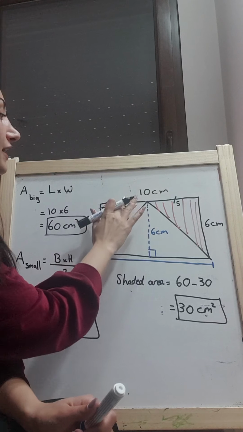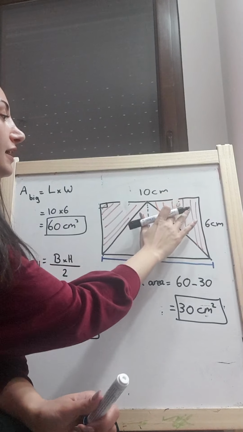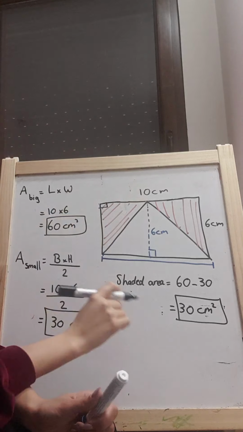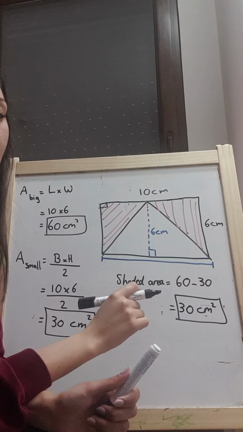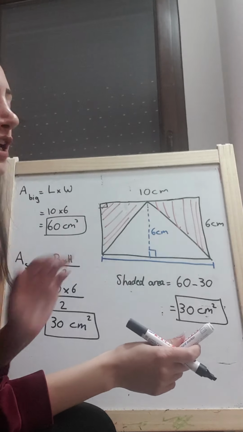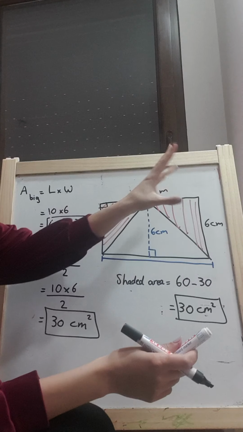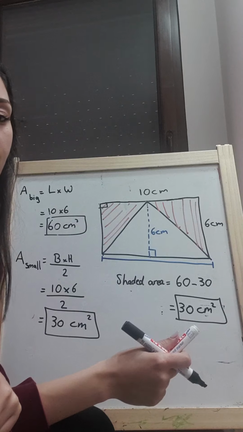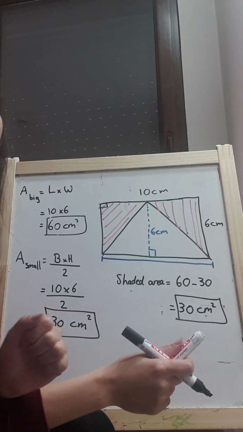But because I did not tell you that these two are equal, please do not assume so and try to figure out another way. And this is one of the ways, finding the area of the big shape and cutting from it the area of the smaller shape. And this will be left.